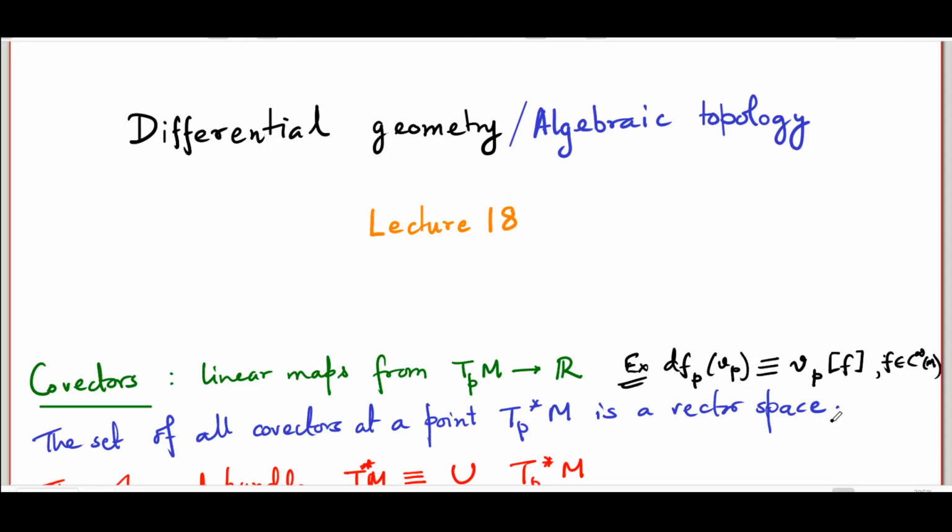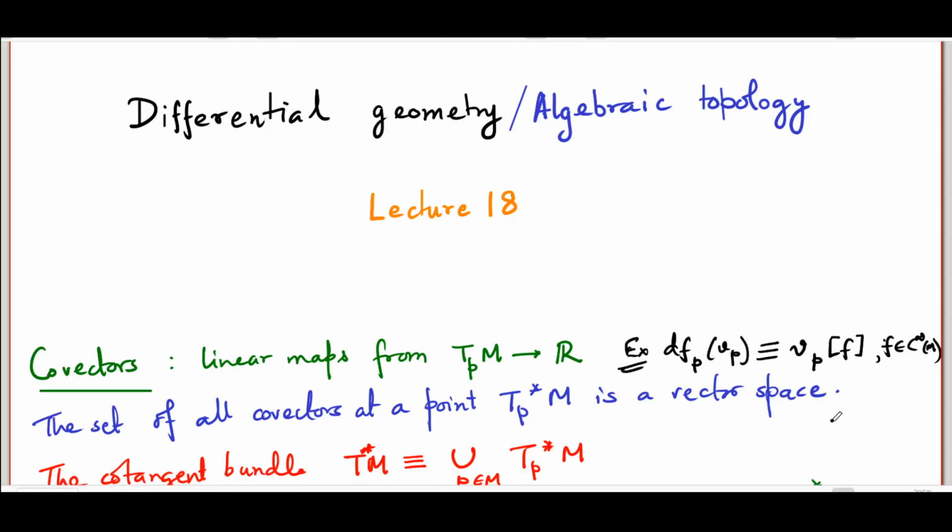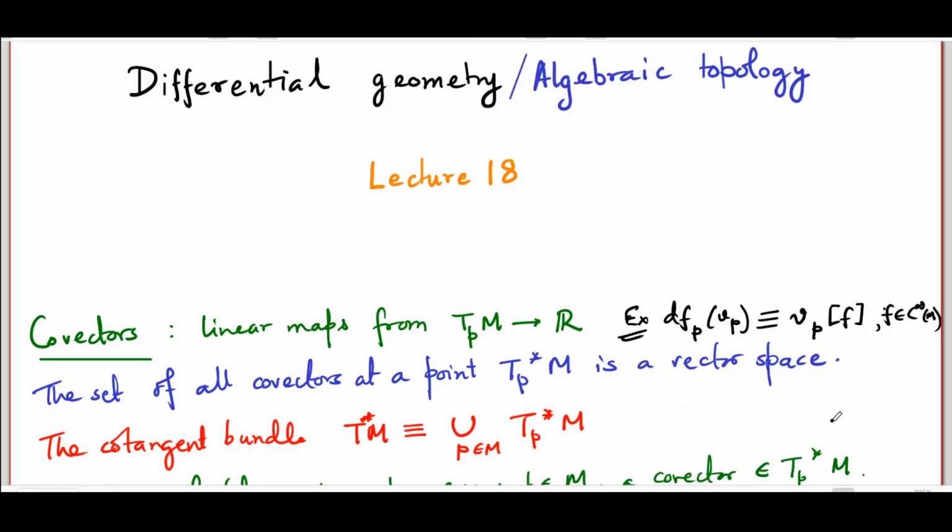If you collect all the T_P* M's together and form a union, what you get is the cotangent bundle. This is an exact analog of what we have for vectors. If you take all the tangent planes of a manifold together in a union, what you get is a tangent bundle. This is a dual, so to speak, of that.